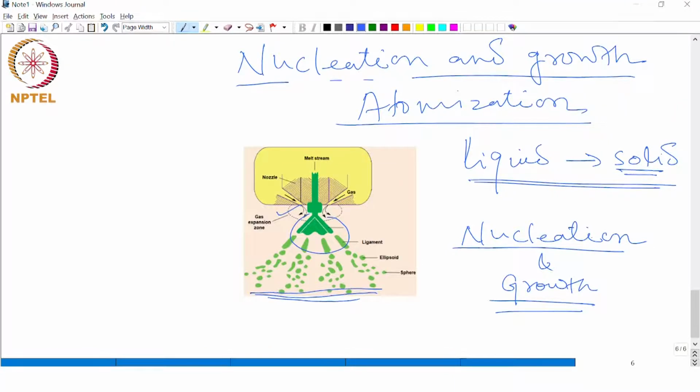So, in this case, when it is transforming from liquid to solid, the nucleus is the very first tiny particle of the solid that gets transformed from the liquid phase as you cool it down below the melting point, right. Above the melting point you have the liquid, because the liquid is more stable at those temperatures, and as you cool it down the solid becomes more stable, right.